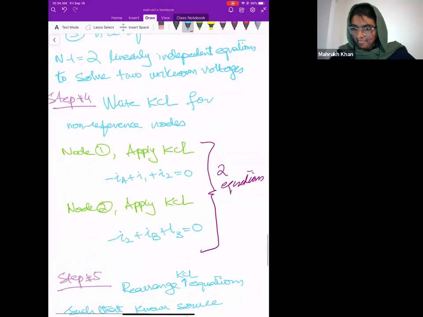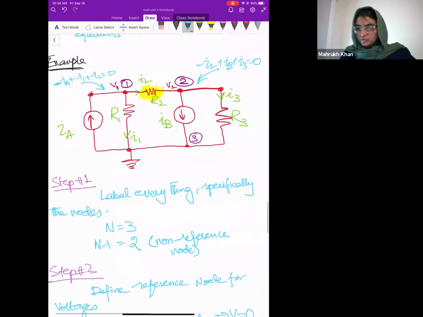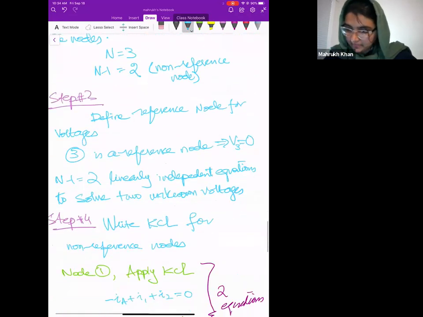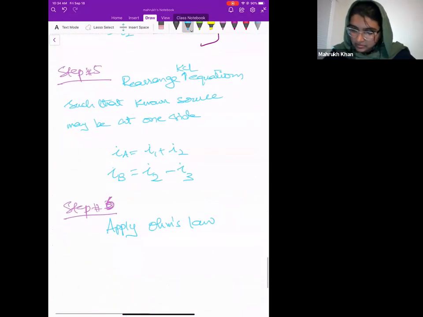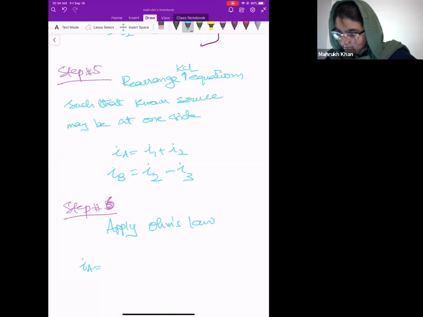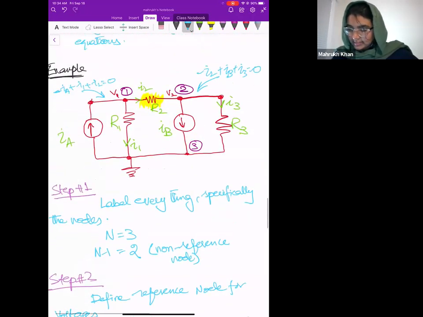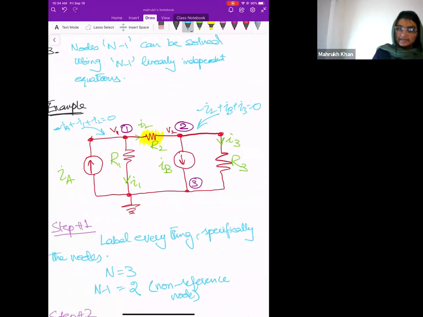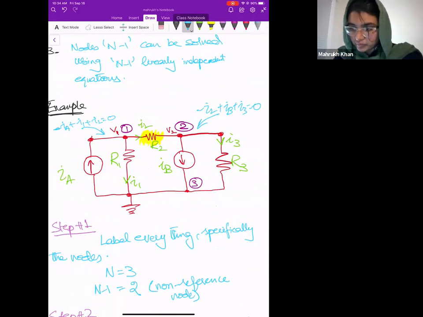So let's see how we can apply that. I1 is equal to V1 over R1, right? So I will just apply that. Plus I2. Because I2 is also following the passive sign convention, I will write it as V1 minus V2 divided by R2.